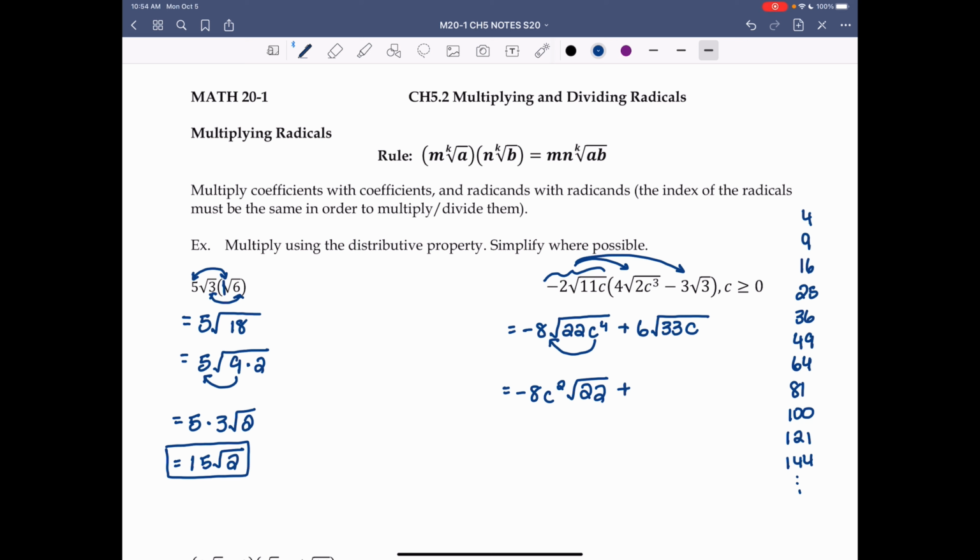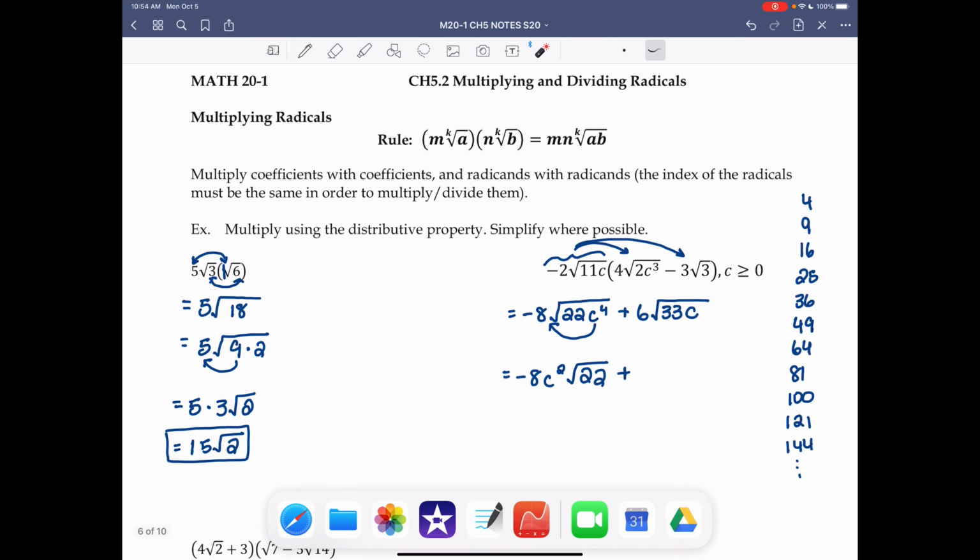Plus, we have 33 under the square root. Can we simplify that? Half of 33 is 16 and a half. So we're looking at numbers smaller than 16 and a half. Can 33 be divided by 16?